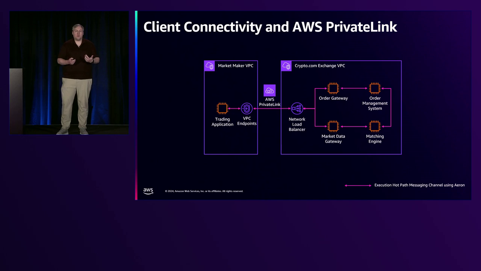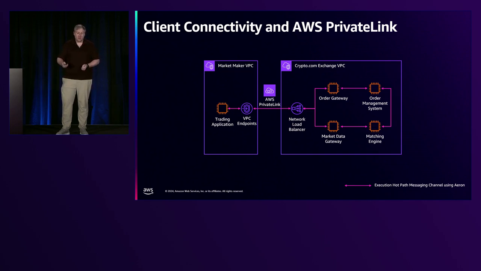With Private Link, we took a minimalist approach where we interrogated and scrutinized every step in the pathway to try and eliminate it and offer the shortest possible pathway for our clients and optimize their interactions. This ensures that orders are processed with the maximum efficiency, delivering the performance that our traders demand.